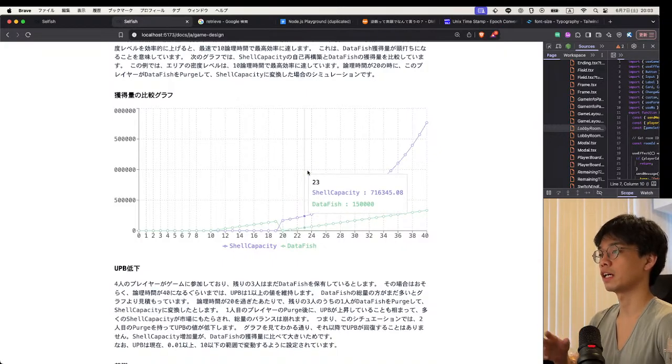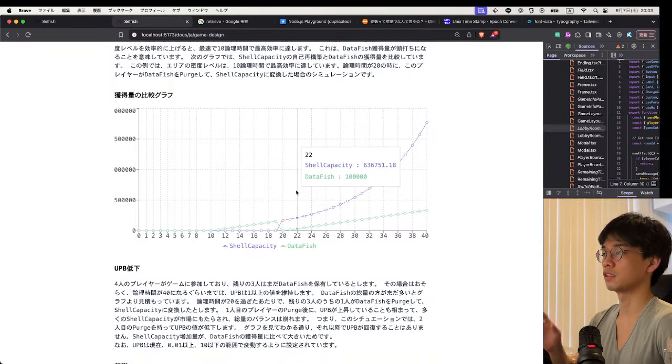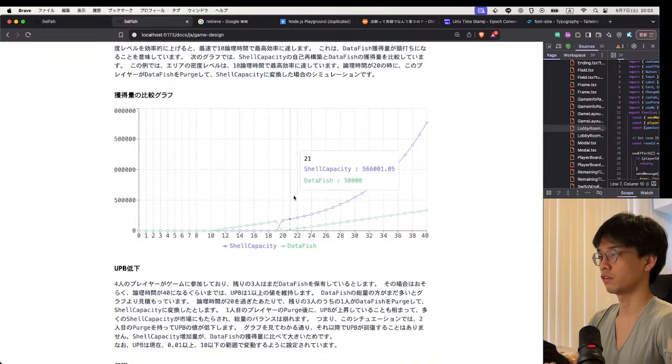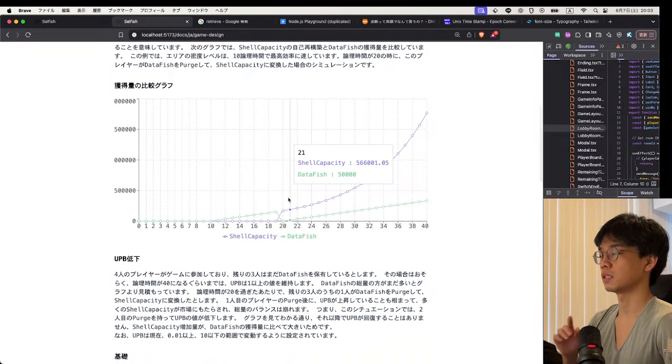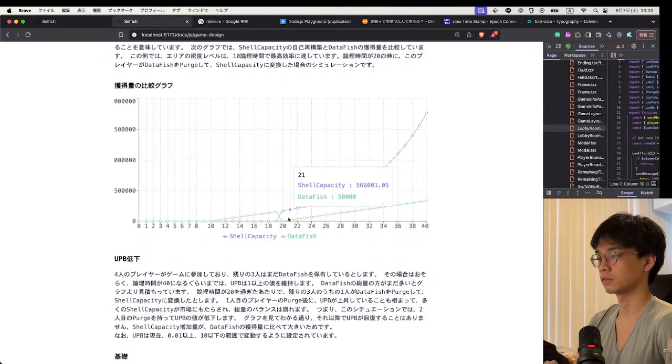After the second player exchanges data fish to shell capacity, shell capacity is larger than data fish, so the UPB is going down. UPB is less than 1, so it means the exchange rate is bad, so bad.